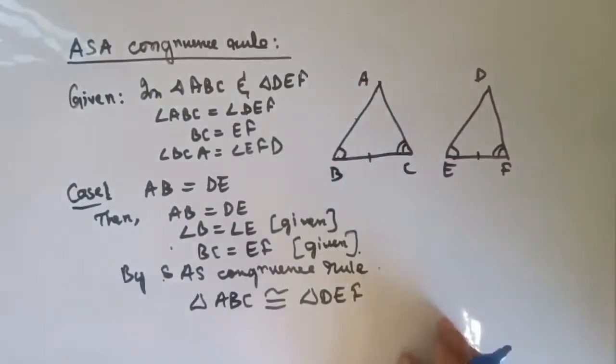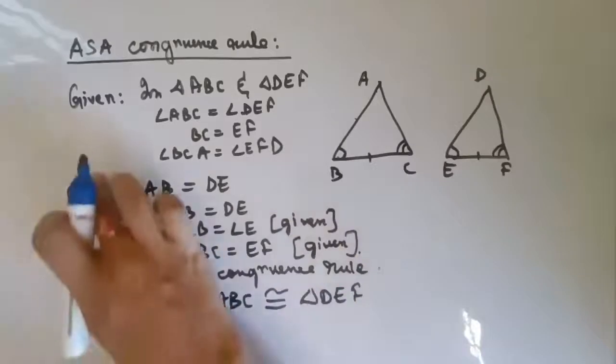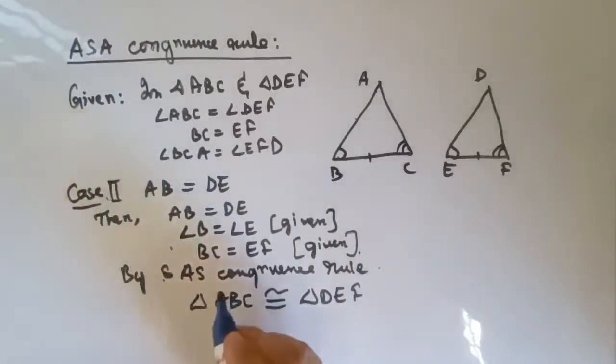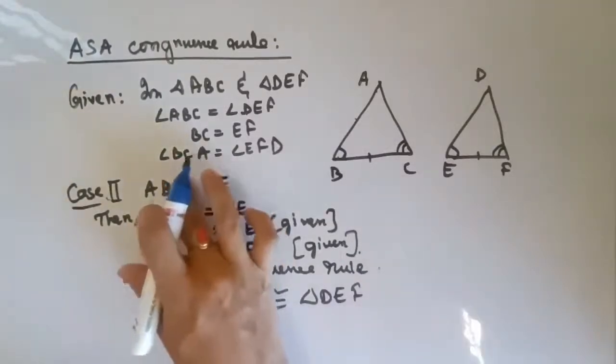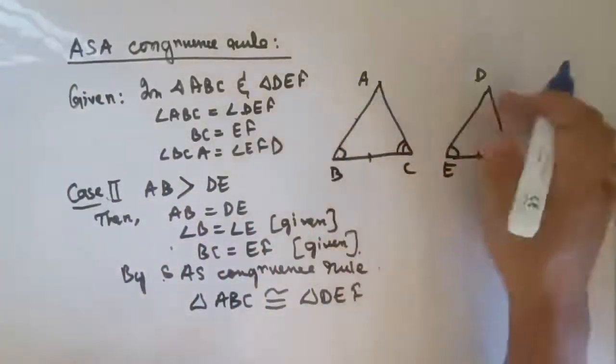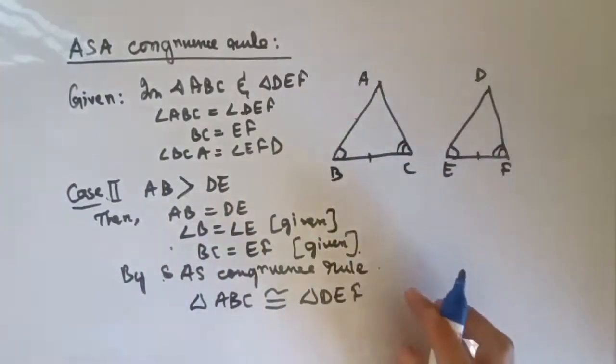Now, let us take the second case. In the second case, we assume that AB is greater than DE. That is, side AB is greater than DE.